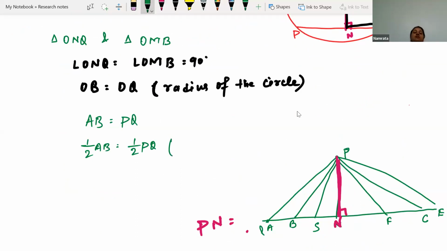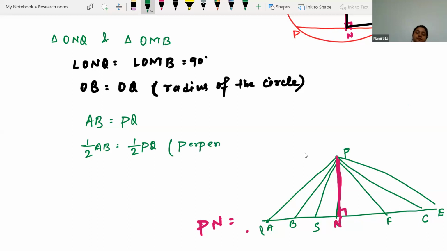I want to say there was a theorem where a perpendicular dropped from the center on the chord bisects the chord. This theorem you have done in the first class, I believe. Have you done it? Let me write the theorem.